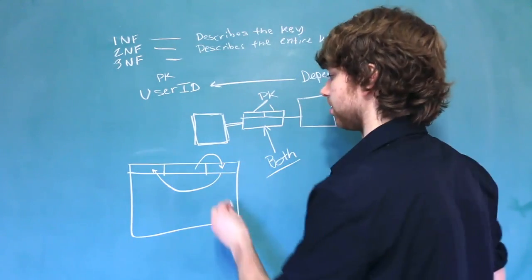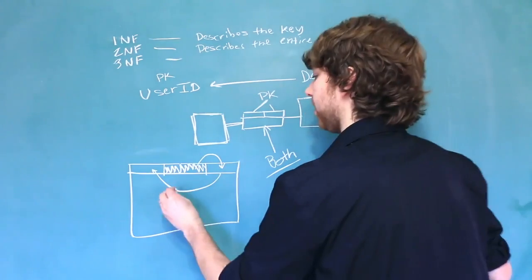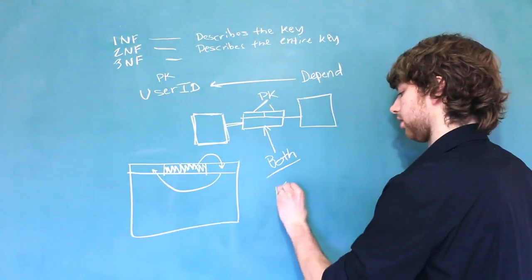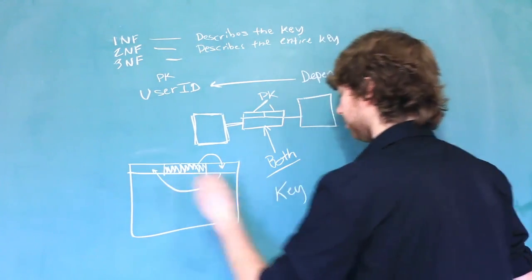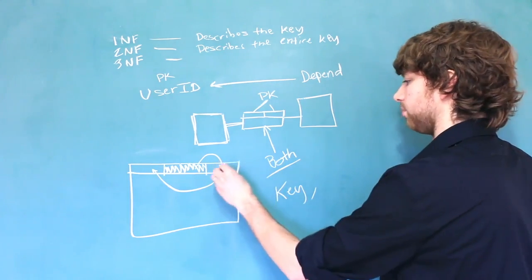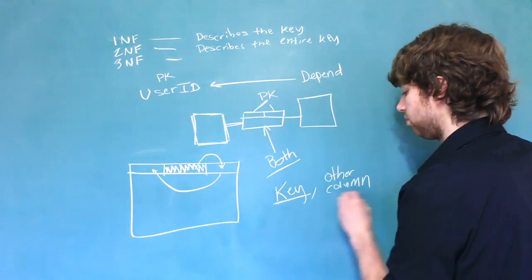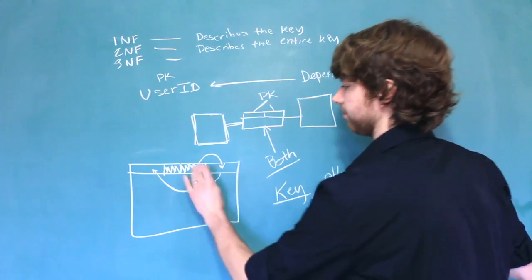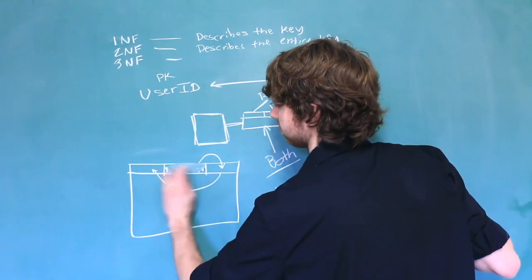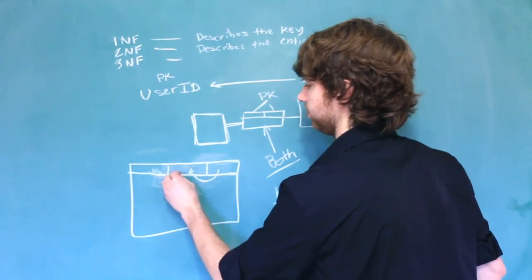So in this situation, this column right here depends on the key transitively here, but it also depends on this column too. So in this situation, there's two dependencies. It might be a little easier to think about this if we switch these columns. So let's say this one depends on this one, which depends on this one.